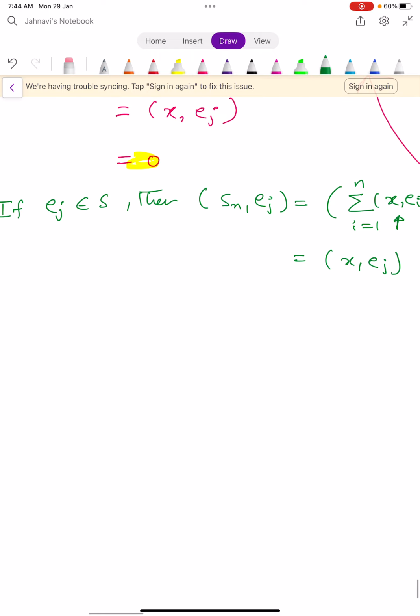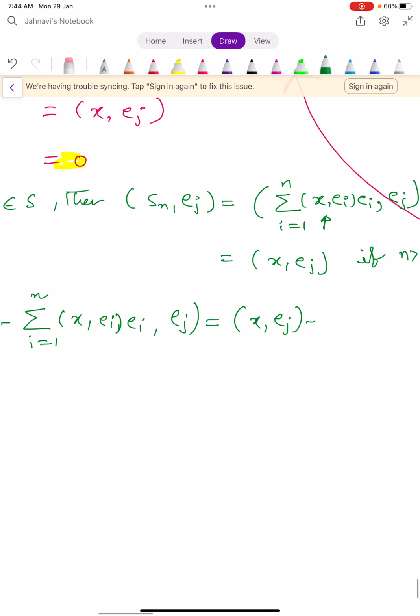So then our condition becomes the inner product of x minus the summation over i equals 1 to n of x comma ei into ei, comma ej, which is equal to x comma ej minus x comma ej. So what do you get?